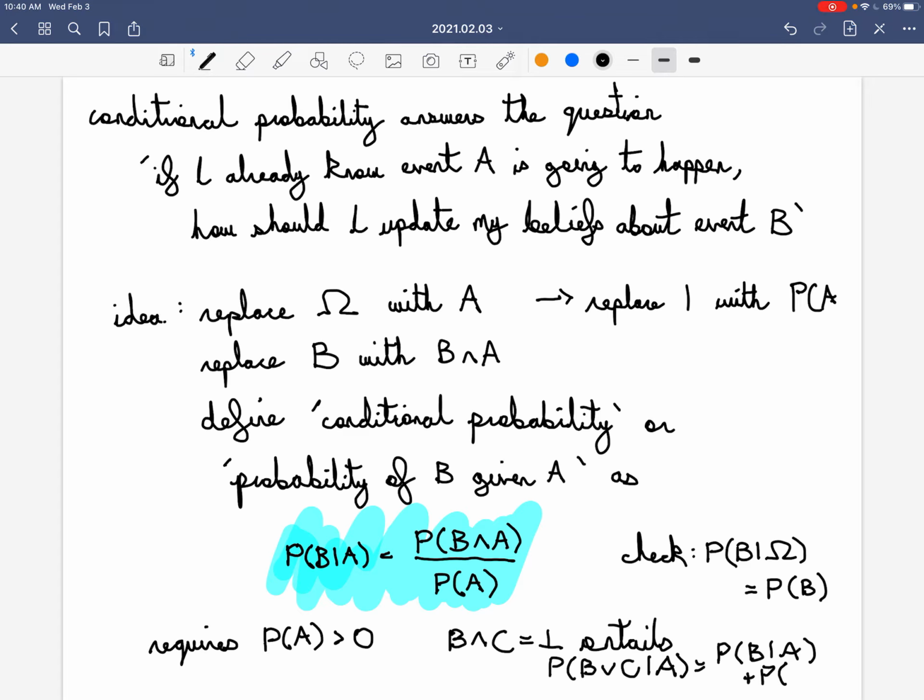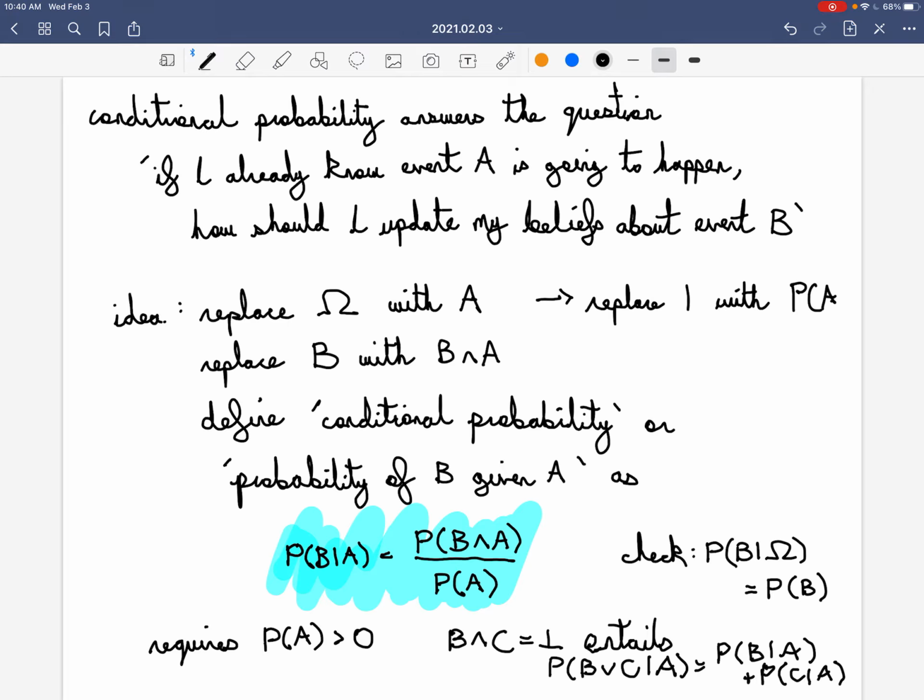So this would be what's called the additivity axiom for mutually exclusive events, or the conditional additivity axiom for mutually exclusive events. At least this is the simplest case of it.